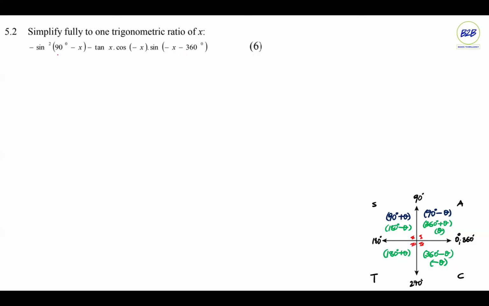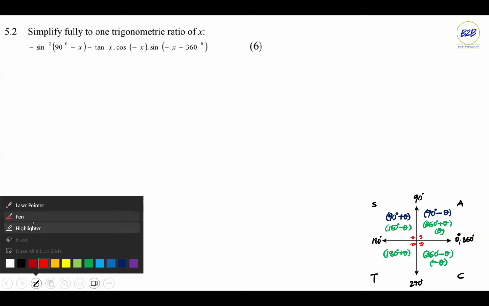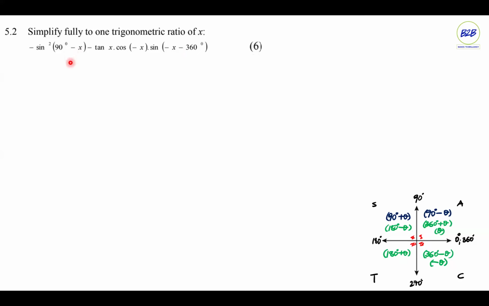For example, 90 degrees minus x is the normal formula in the first quadrant. Minus x is the normal reduction formula in the fourth quadrant.